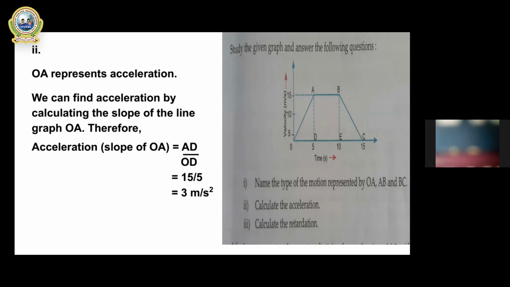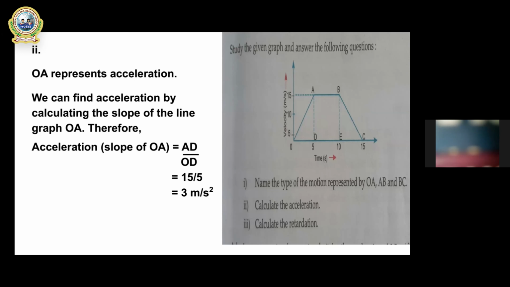The acceleration is the slope of OA, and the slope of OA is given by tan theta, perpendicular by base. If you see the figure, you can see triangle OAD. In triangle OAD, if angle AOD is theta, obviously OD will be the base and AD will be the perpendicular.